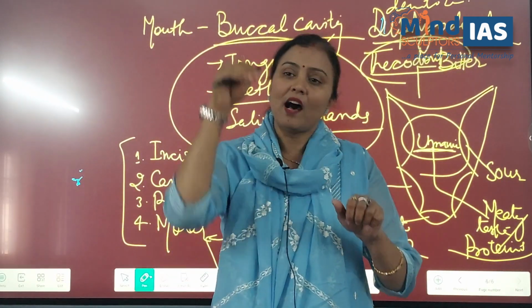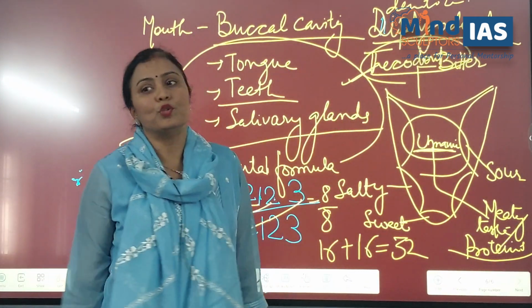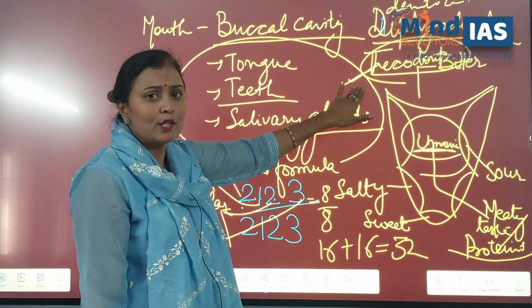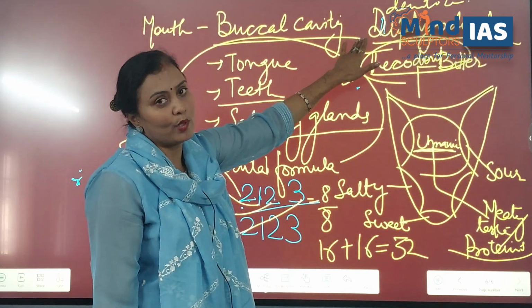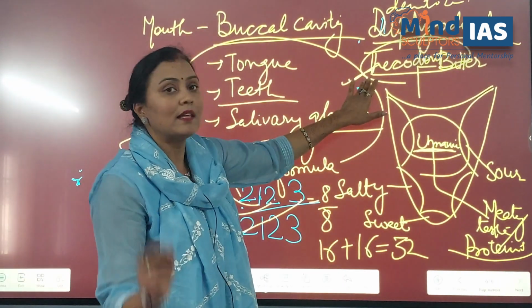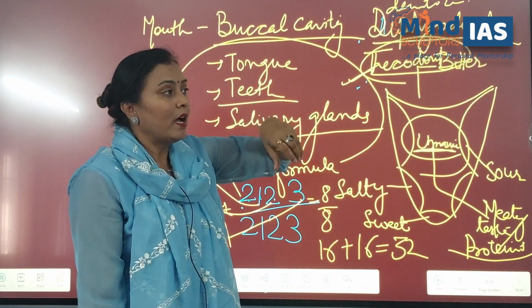So when the teeth are embedded inside a cavity, they are called thecodont. So we have thecodont and diphyodont dentation. In the entire lifespan we have teeth 2 times and our teeth are embedded in a socket. That's why it is called thecodont.